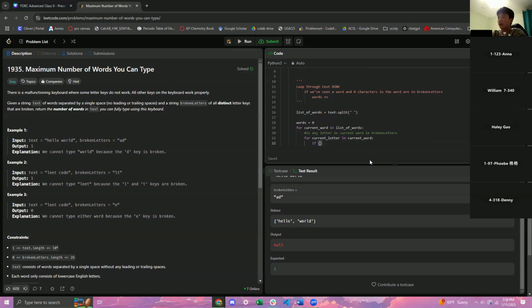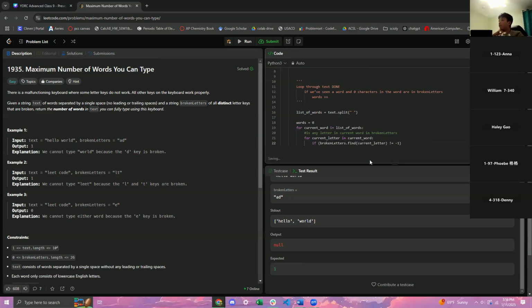I think the find function would work. So if, let's say, broken letters dot find current letter equals -1, or does not equal -1.